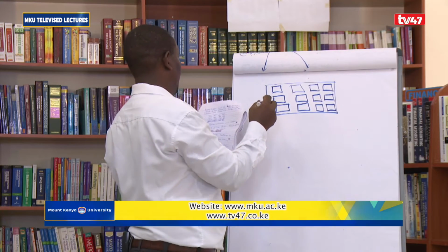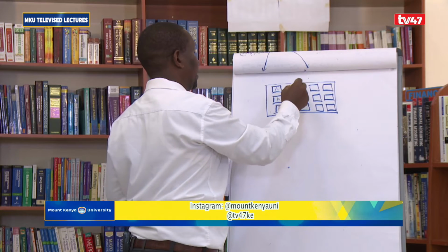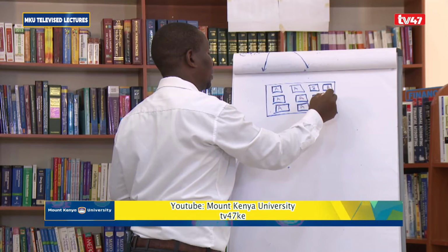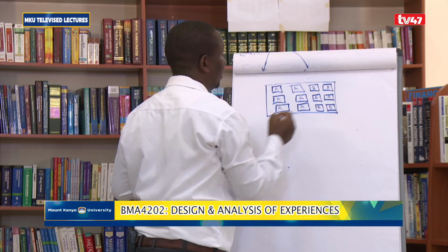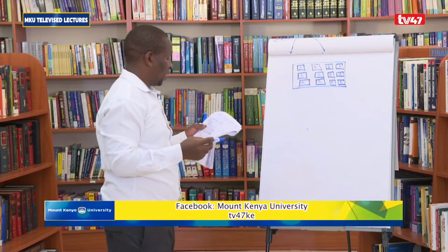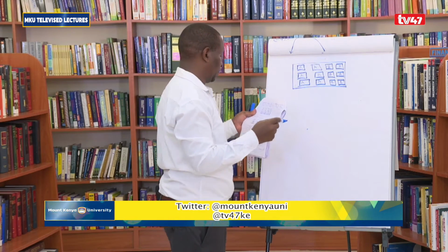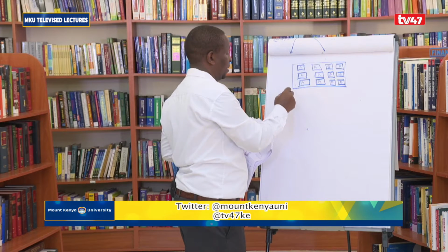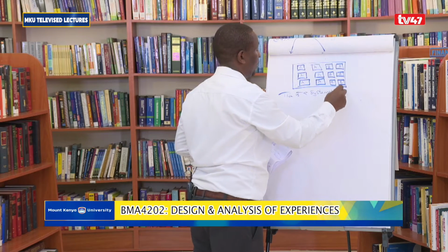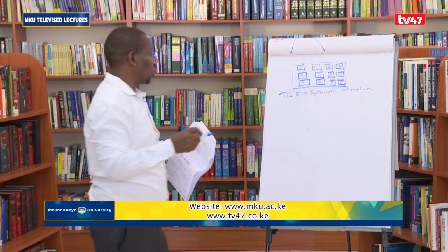Suppose we assigned all plots on the left-hand side to variety A, like that. This is not a random assignment of the treatment. It is systematic allocation, which introduces bias.